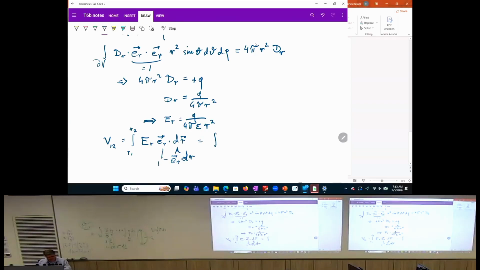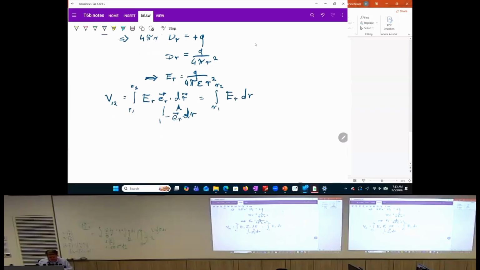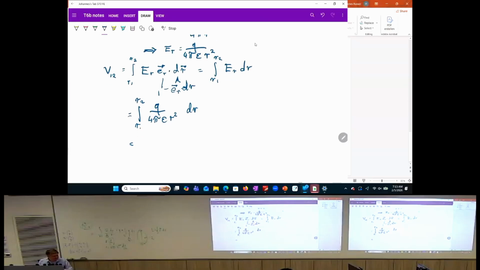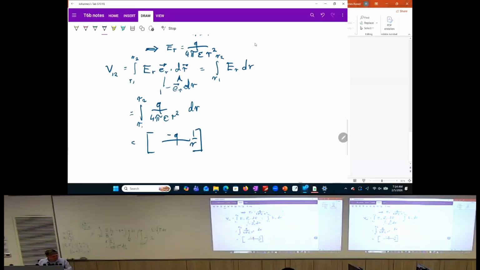So you get integration from r1 to r2, which is now completely free of vectorial elements. We insert this Q over 4 pi epsilon r squared dr. And then you integrate this, and 1 over r squared gives you 1 over r here, and here 4 pi epsilon.